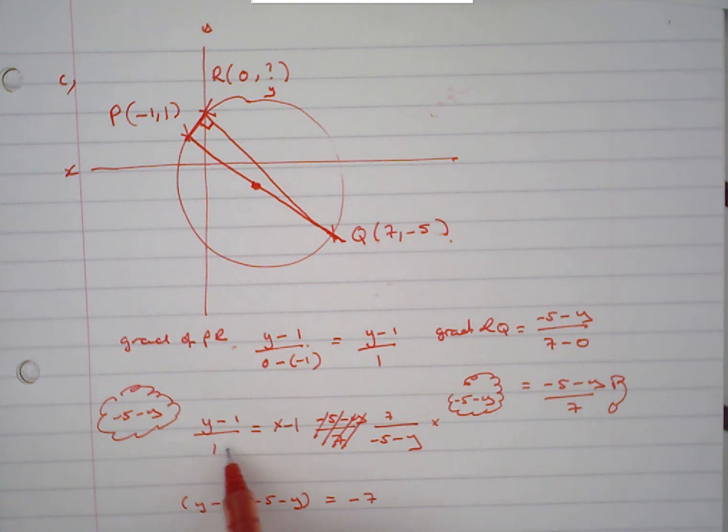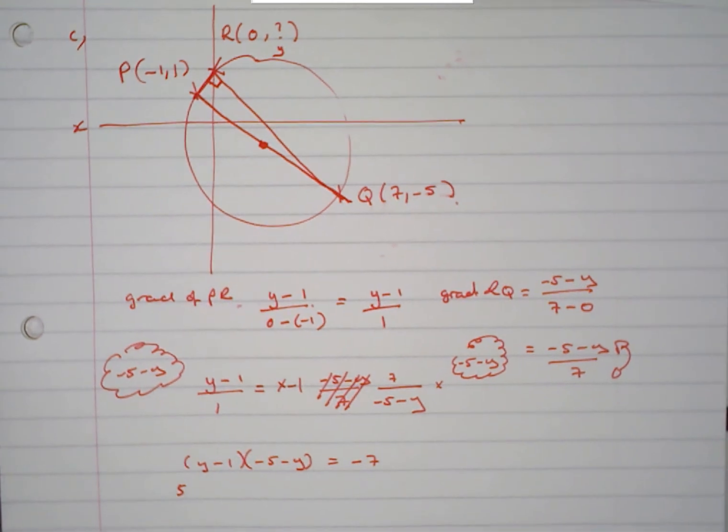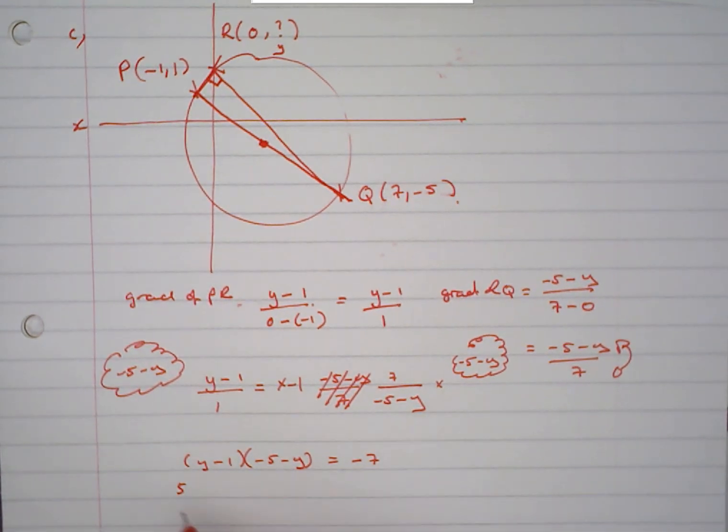Here we just had the 1, and when I multiply out this bracket I get minus 5y, that times that gives me minus y squared, this gives me plus 5, this gives me plus y, equals minus 7.